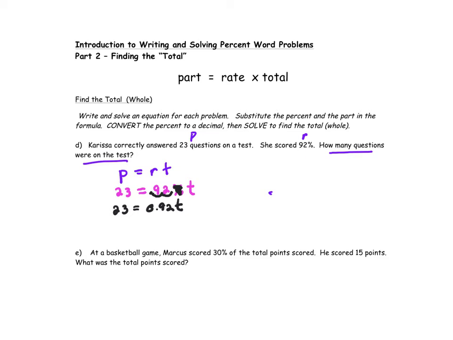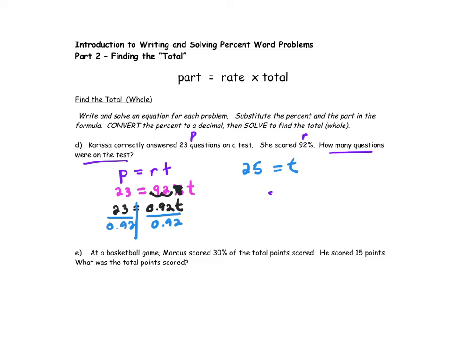So we are going to build our wall, and we're going to divide both sides by 0.92, or 0 and 92 hundredths pronounced correctly. So please pause and use your calculator to take 23 divided by 0.92. And hopefully you had 25 equals T.